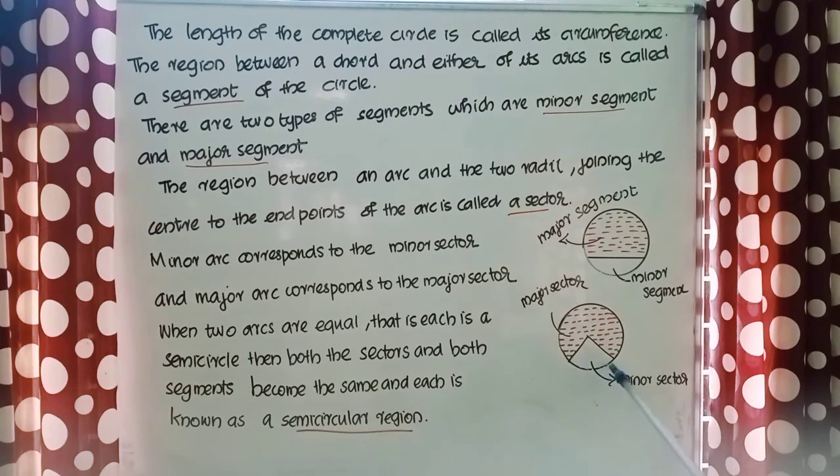So this small portion is the minor sector and this larger portion is the major sector. When 2 arcs are equal, that is each is a semicircle, then both the sectors and both segments become the same and each is known as a semicircular region. That means if both the segments or sectors are equal, then each part is known as the semicircular region.